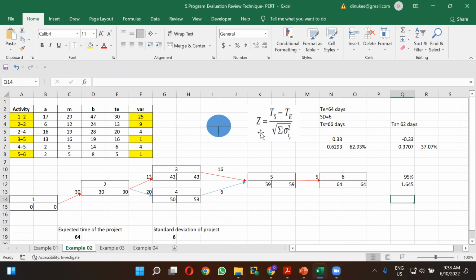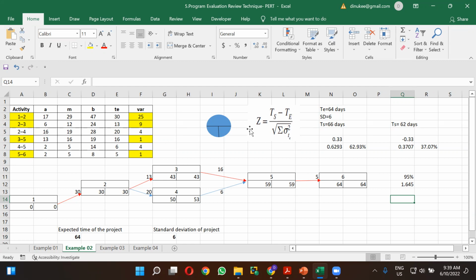So in here you know the Z value, you know the standard deviation, and you know the expected value that it will take for the critical activity. Therefore, the Z value is 1.645, right? From that you have to multiply by the standard deviation. As we were dividing, now you have to take the multiplication.